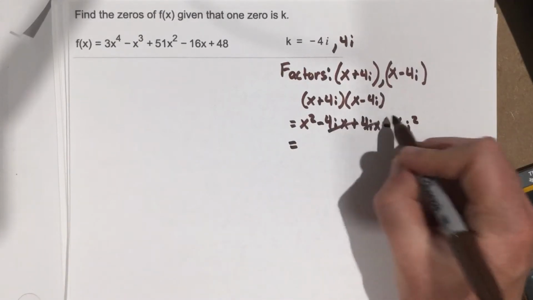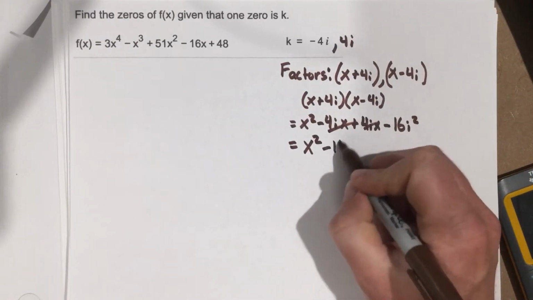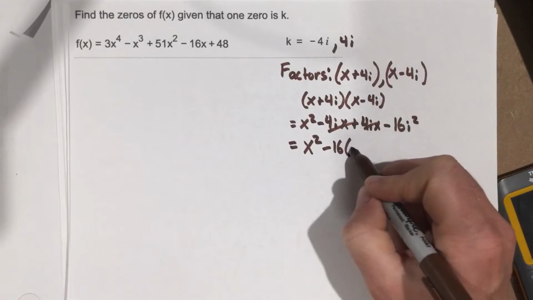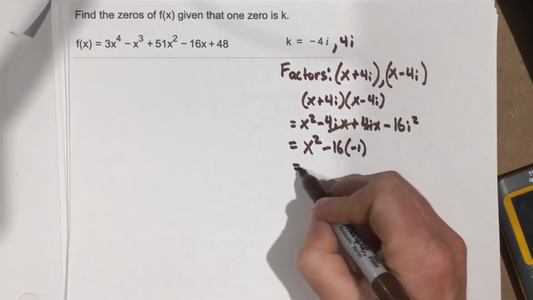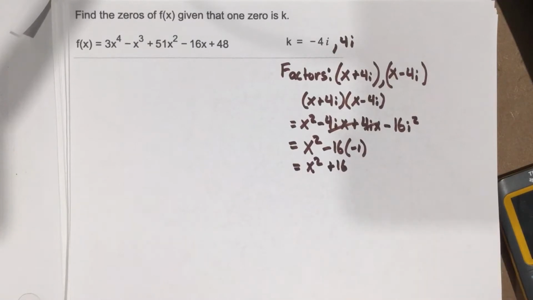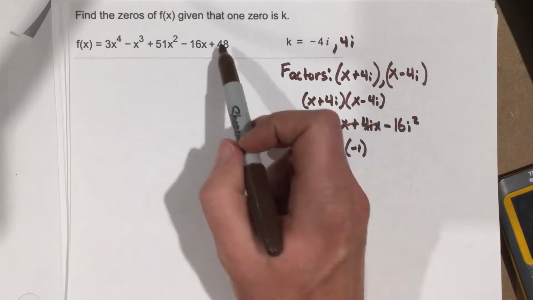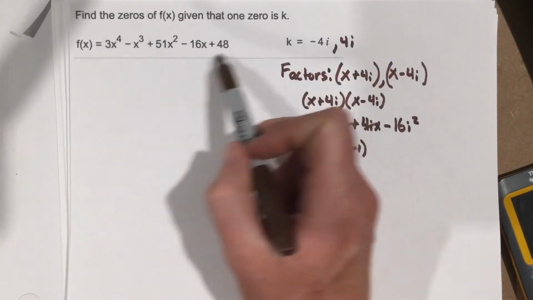Now these cancel, and we're left with x squared minus 16 times i squared, which is negative 1. So we end up with x squared plus 16. So x squared plus 16 is a factor of this polynomial.